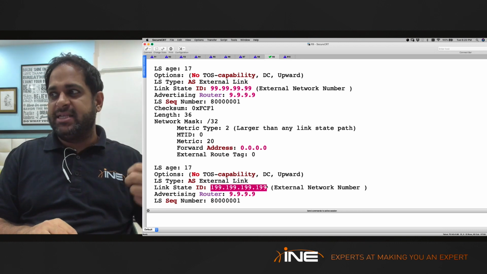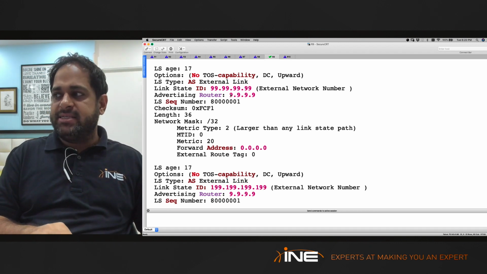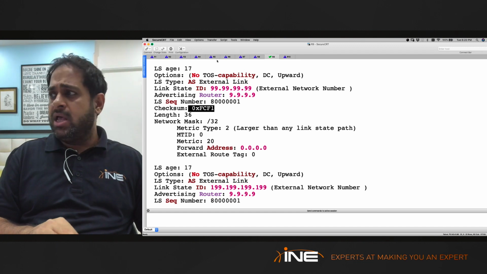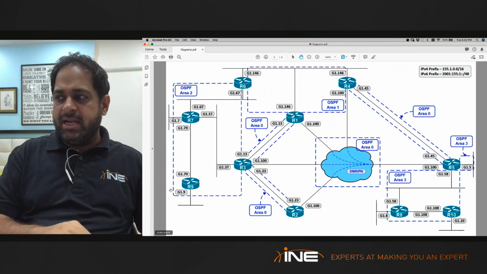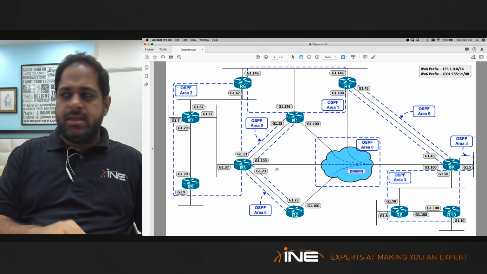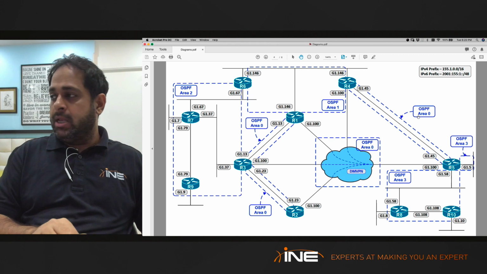So two LSAs, 99 and 199, and the advertising router is 9.9.9.9. If I look at my checksum value, it's 0xFCF1. If I look at the diagram, R9 is here, and R10 is at the other end, which is in area 3.